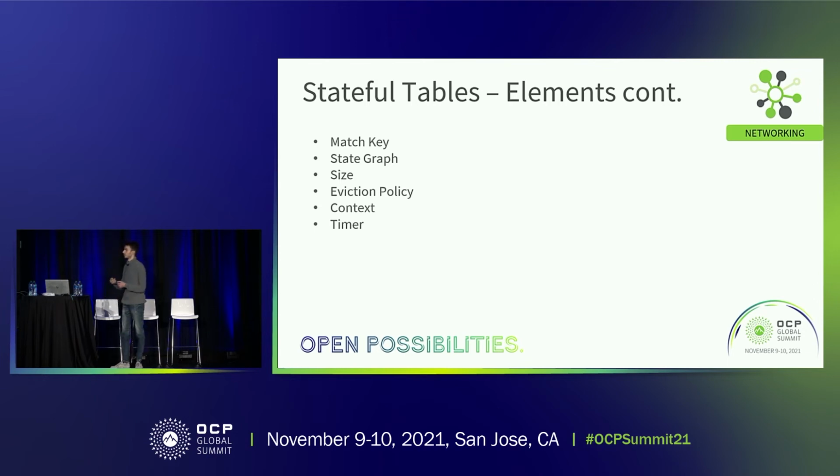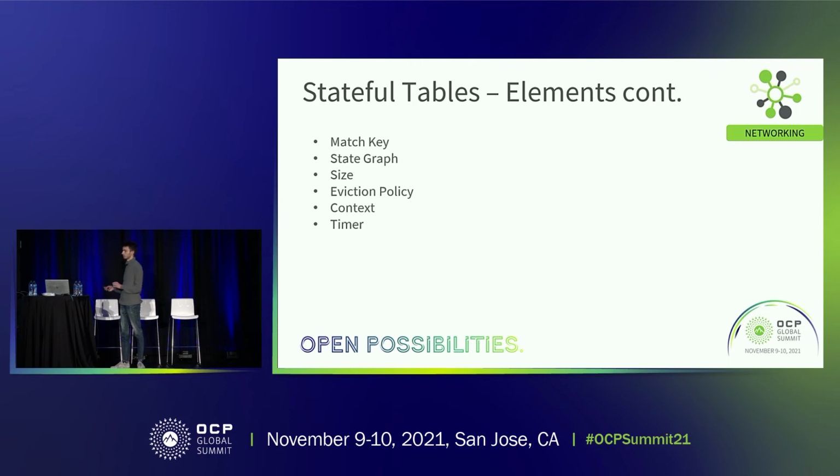And since the control plane doesn't take part in the programming and removing of those entries, we need to specify eviction policies for how exactly those entries will be removed. For example, when the table is full, you can basically say there's an LRU policy and remove that particular connection.